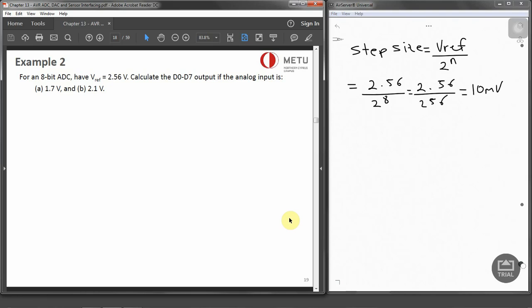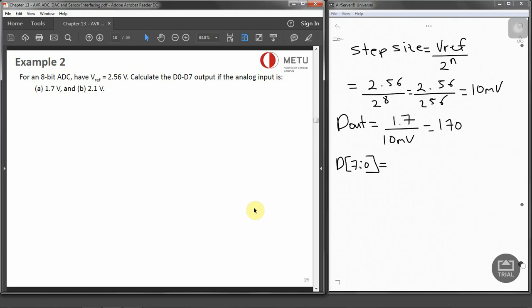Now we have got our resolution. The next thing to do is to find out the D out. So the input is 1.7 divided by 10 millivolts. This is going to be 170. Now, how are we going to represent D7 down to D0 with 170? So 2 to the power 7, 6, 5, 4, 3, 2, 1, 0.